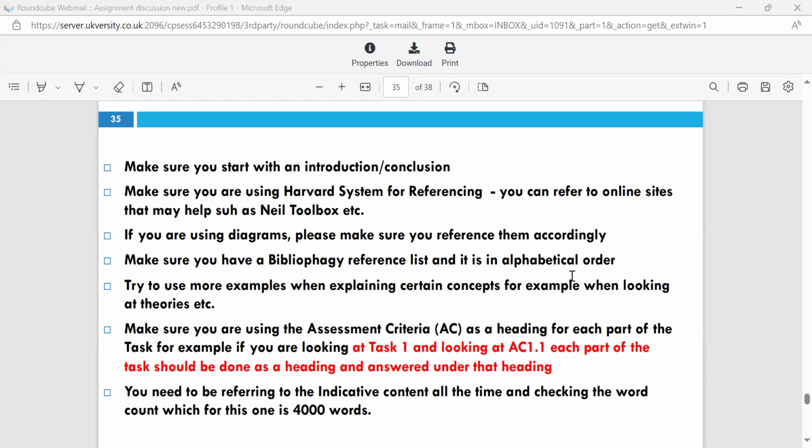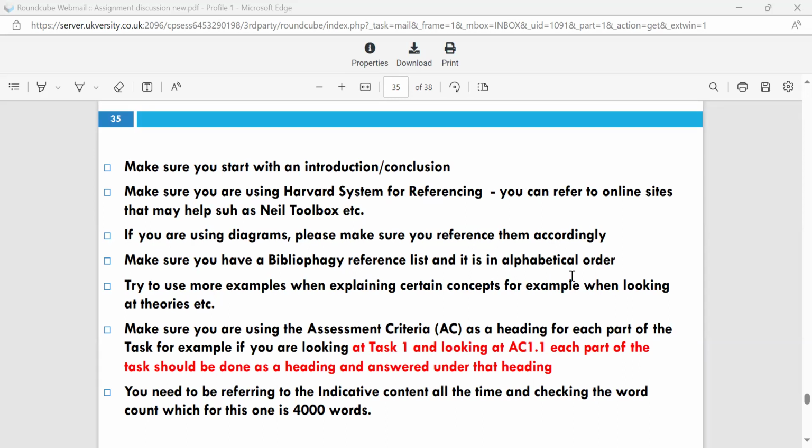If you are using diagrams, please make sure you reference them accordingly, and make sure you have a bibliography and reference list, and that it is in alphabetical order. What I've realized when marking assessments is that learners have done a reference list or a bibliography, but have not put them in alphabetical order. You need to put them in alphabetical order, be it any articles, case law, books, or resources you've used.